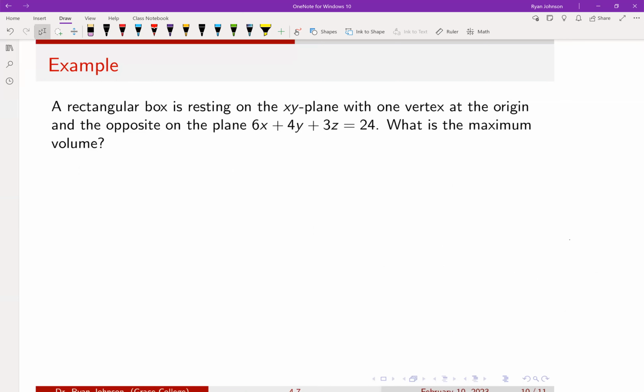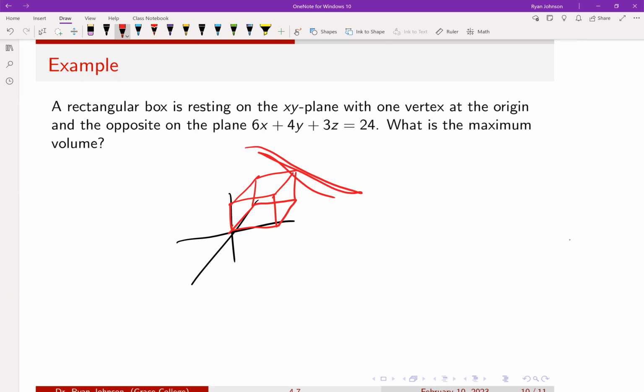Okay, well, that means if you think about your box, it's going to be kind of like there, and there's this plane right there.